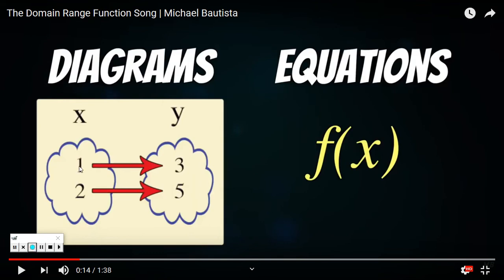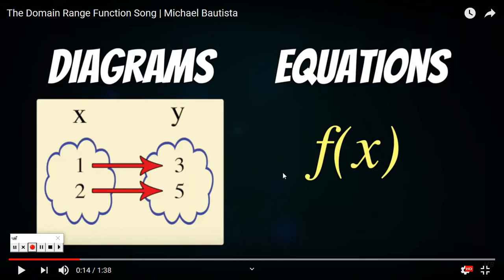That would be a function because 1 is not paired with both 3 and 5. If you had this arrow going here and here, then that wouldn't be a function. So you now know all the inputs can only go to one number. You could have both of these numbers going to 3, the same number, and that'd be fine, as long as you don't have one input going to two separate numbers.